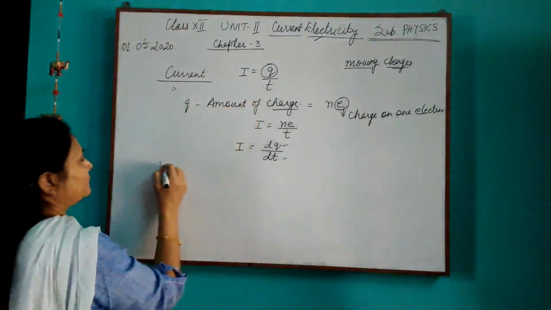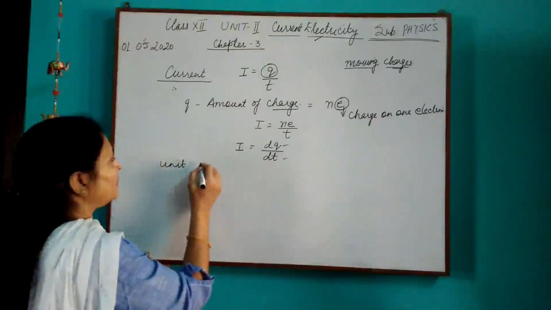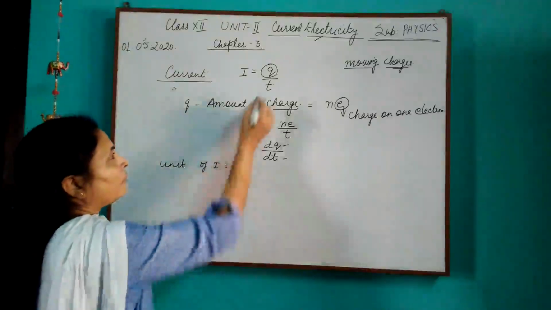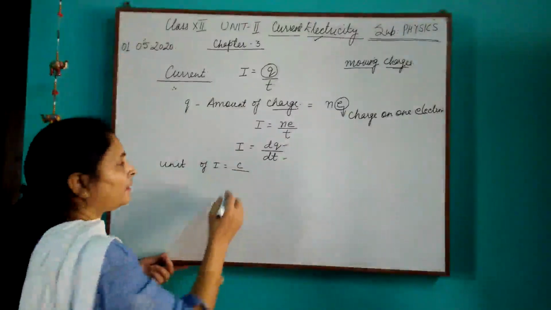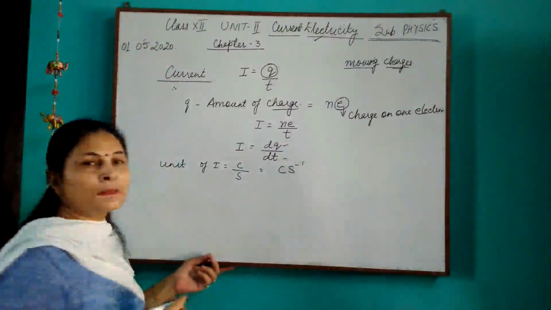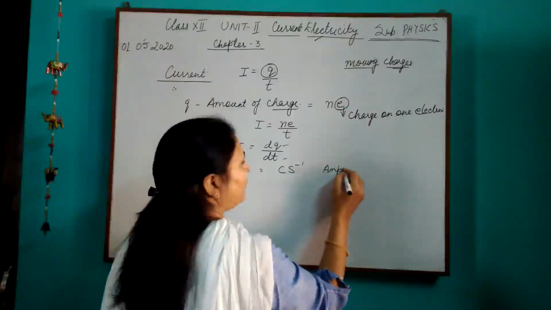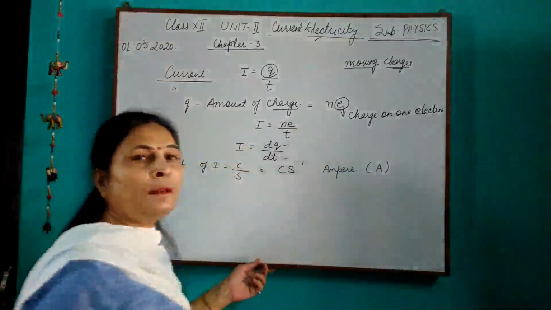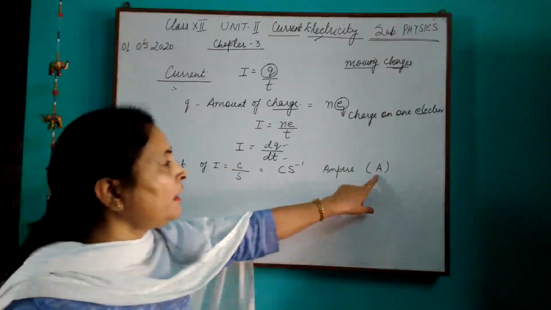Now the unit of current. The unit of I will be equal to the unit of Q, that is coulomb, divided by time. So it will be coulomb per second, and it is known as ampere after the name of the scientist, and is denoted by capital A. And how will you define the ampere?